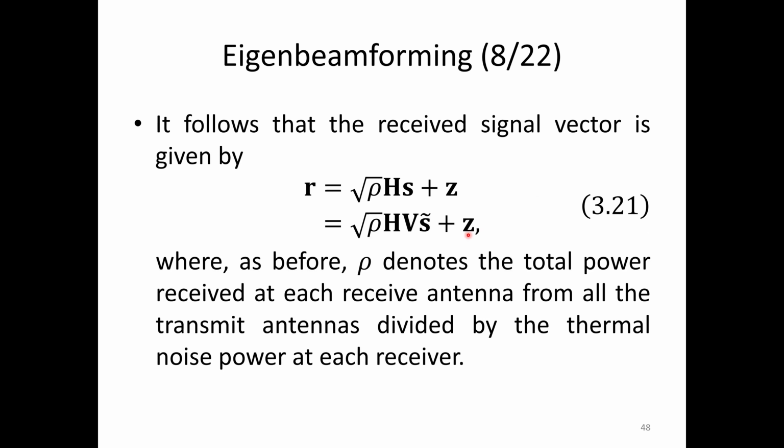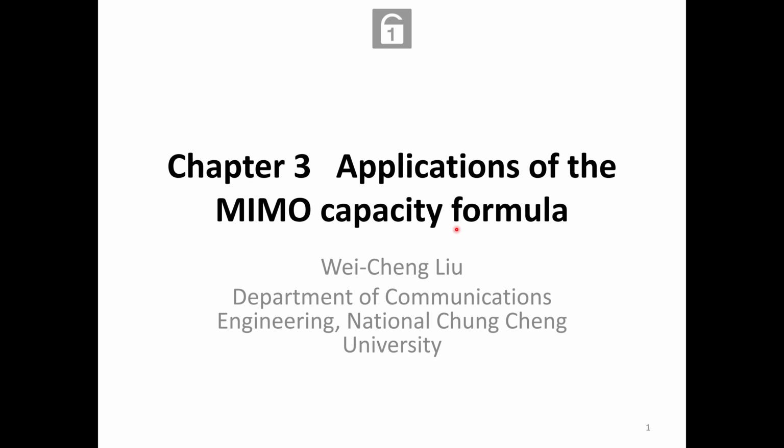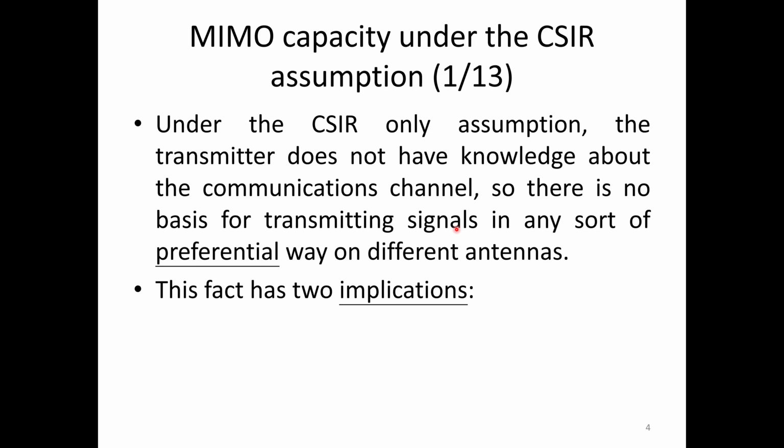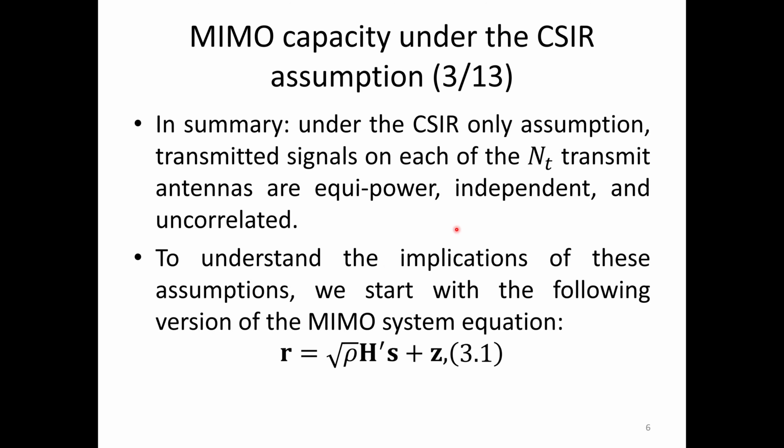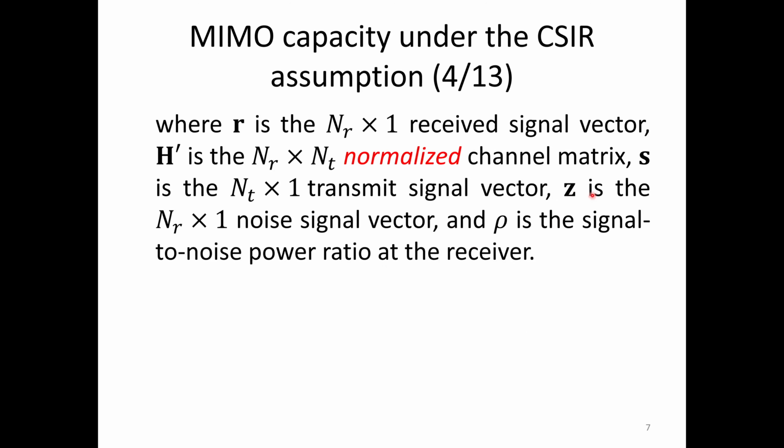And plus Z. What is Z? Z is the NR by 1 noise signal vector.